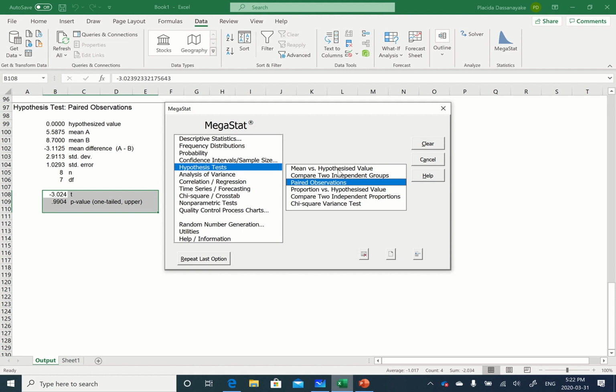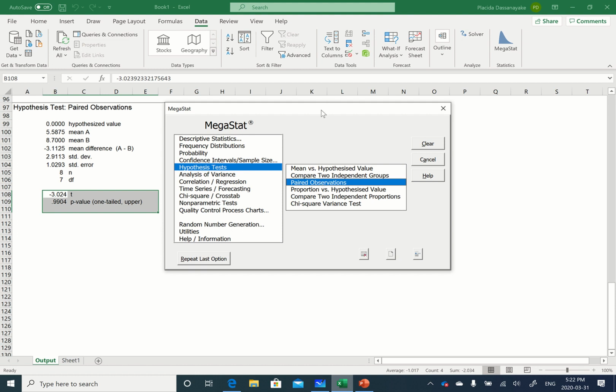So altogether we have 5 hypothesis tests: 2 tests for 1 sample, mean compared to a hypothetical value and proportion compared to a hypothetical value, and then comparing 2 population means and comparing 2 population proportions.